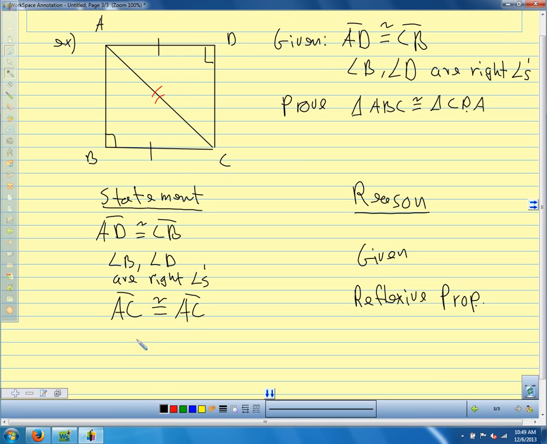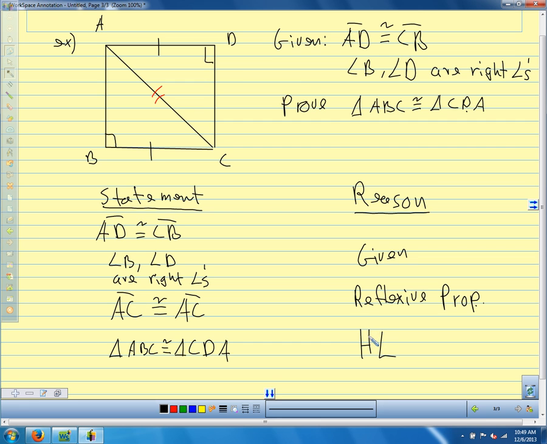So now I can say right away that triangle ABC is congruent to triangle CDA. And what is our reason there? Hypotenuse leg. So that was a really, really easy proof.